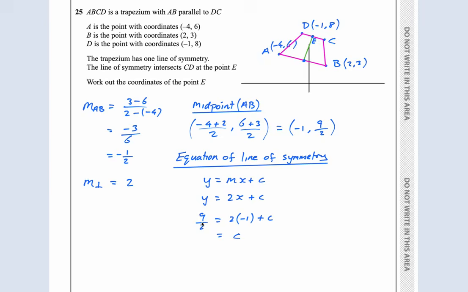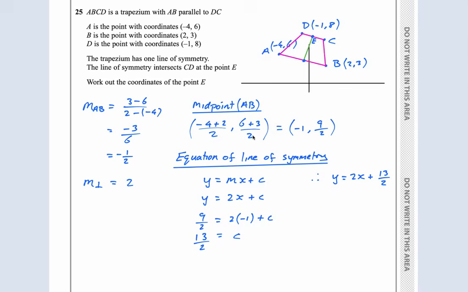C is equal to 9 over 2 plus 2, which is 9 over 2 plus 4 over 2, which is 13 over 2. Just make sure, guys, you know how to do that, or use your calculator. Okay, so the equation of the line of symmetry is y equals 2x plus 13 over 2. That also looks about right because it's just above A, which is 6. Okay, this is about 6.5. So that's the equation of the line of symmetry.